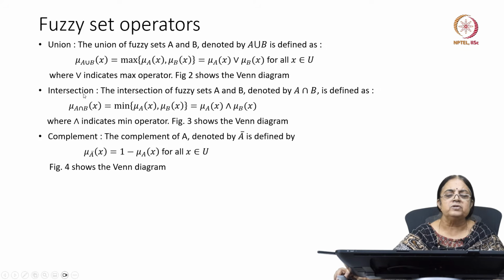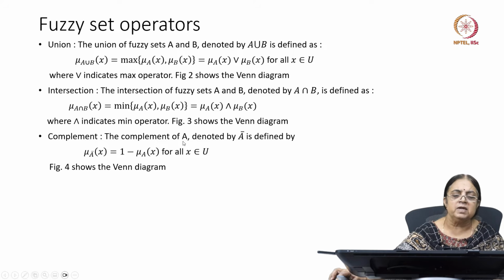Similarly, intersection, you take the minimum of the two values, right, and the complement is when you take 1 minus the membership value. So if you take the fuzzy set A, then the fuzzy set A bar will have membership value of 1 minus mu A of x.